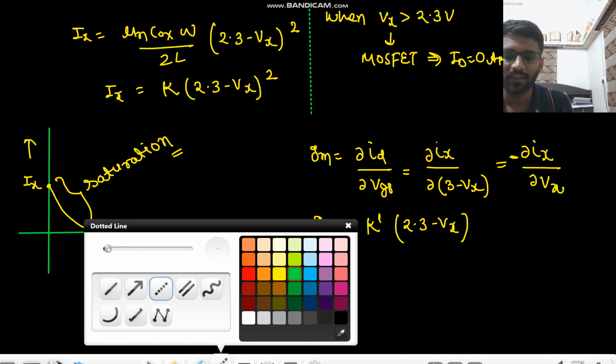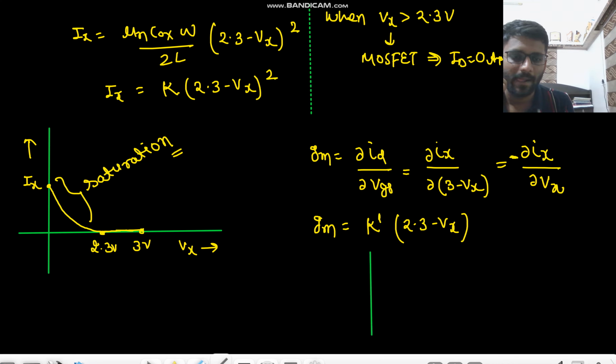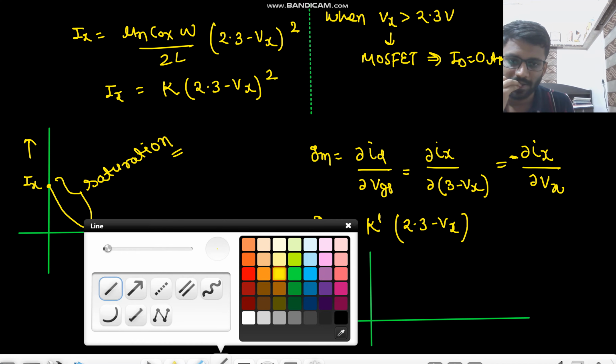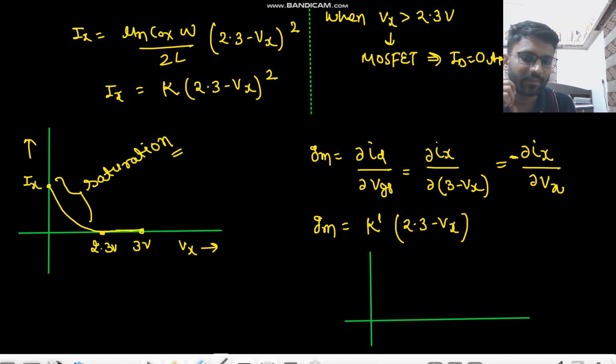So simply, at 0 it will be maximum and then it will decay down. This is your gm, this is your Vx. This will be maximum and at 2.3 it will go to 0 and after that it will remain at 0 only.